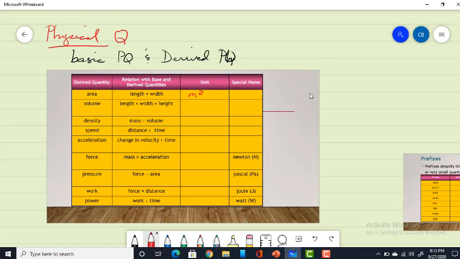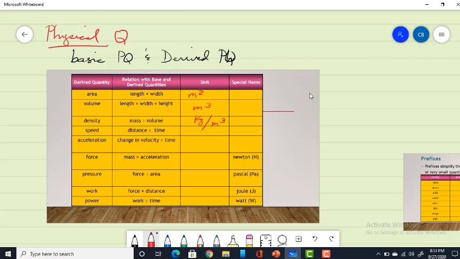How about volume? Length times width times height, so that's m cubed, again with no special name. And density is mass over volume, with the unit kilogram per m cubed.